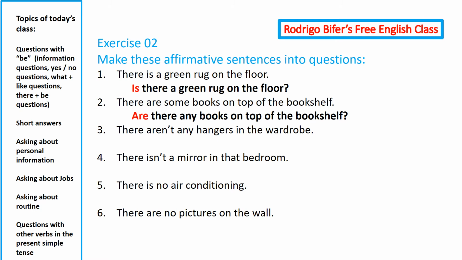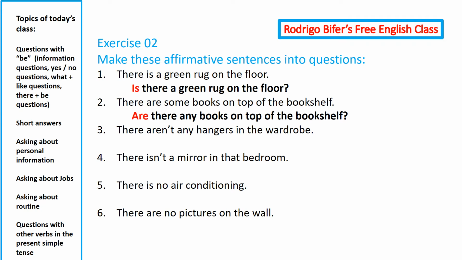This is a yes/no question. Why? Because it begins with the verb to be. So when a question begins with the verb to be, the first word is is or are or am, or the verb to be in the past that we haven't studied yet, which is was and were. When a question begins with the verb to be, we know this is a yes/no question.